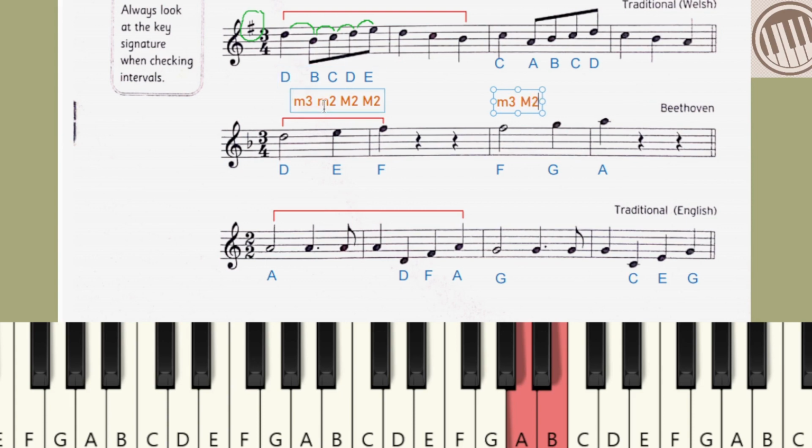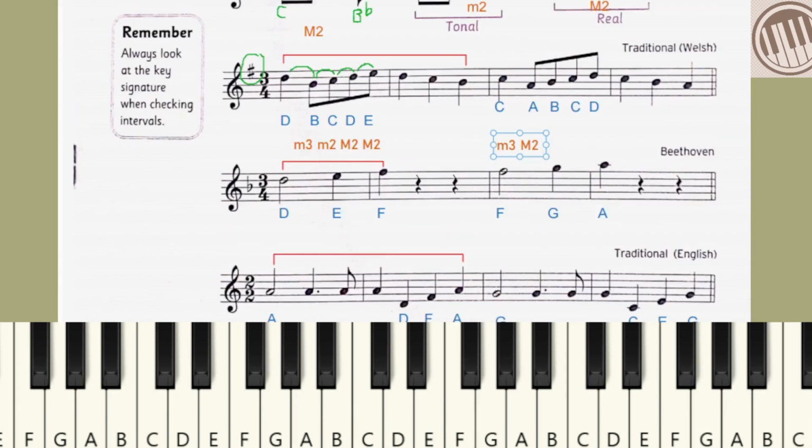Now you can see there's a difference, because on the second interval we had a minor second from B to C, but this time we have a major second from A to B. So I don't really need to check all of these intervals, but I'm gonna go on until I find a difference between each other. Okay, so this one's a tonal sequence.